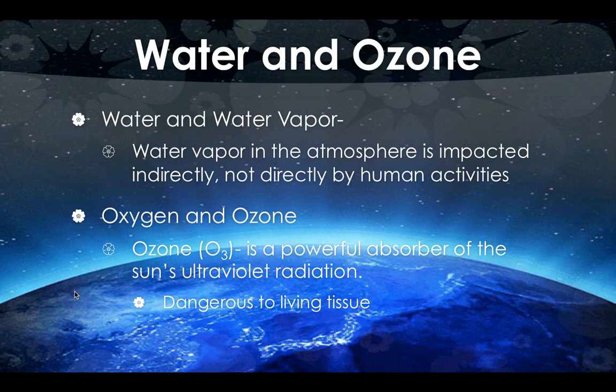That's why we use sunscreen to help block or reflect that ultraviolet light from being absorbed into your skin cells. Ozone absorbs ultraviolet radiation so it doesn't enter your skin. So it's like a protective layer around the earth.